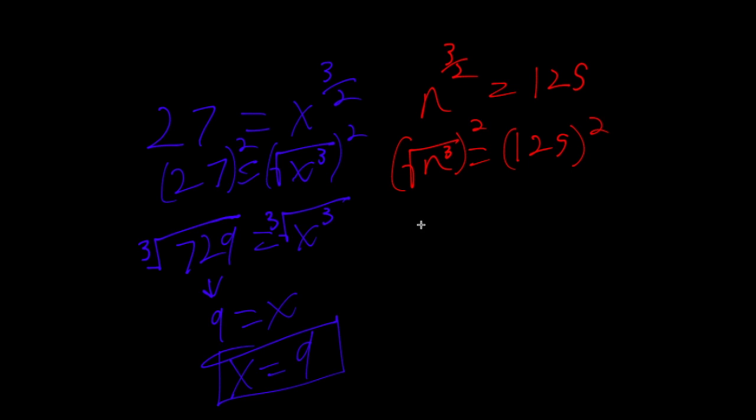So now we get n cubed equals 15,625. And then we'll take the cube root of each side to move that 3 again over to the correct number side. So once we take the cube root of 15,625, we get that n equals 25.